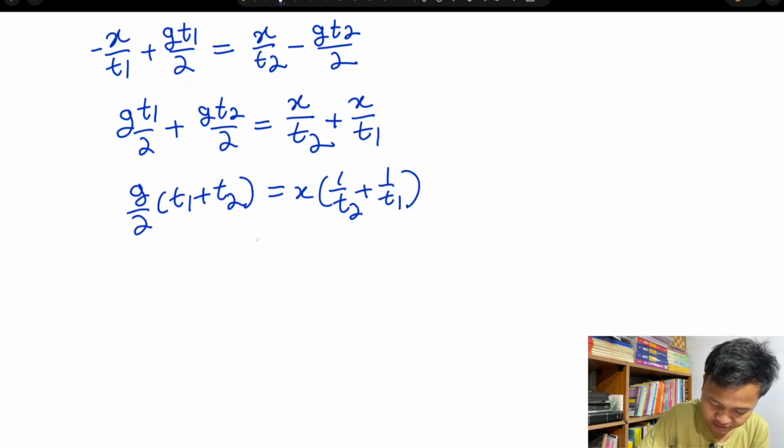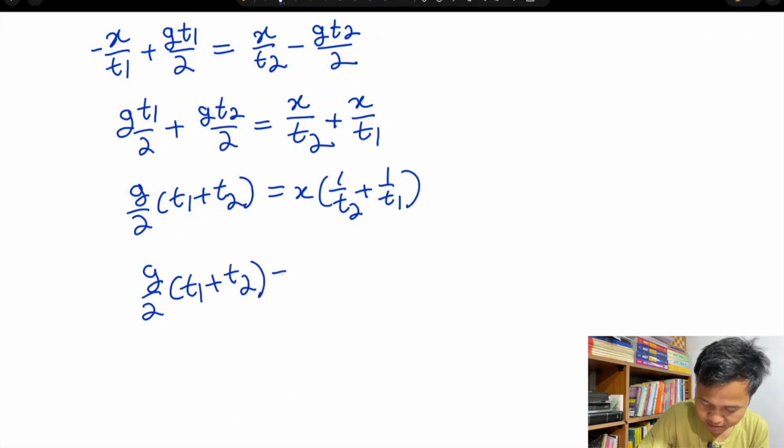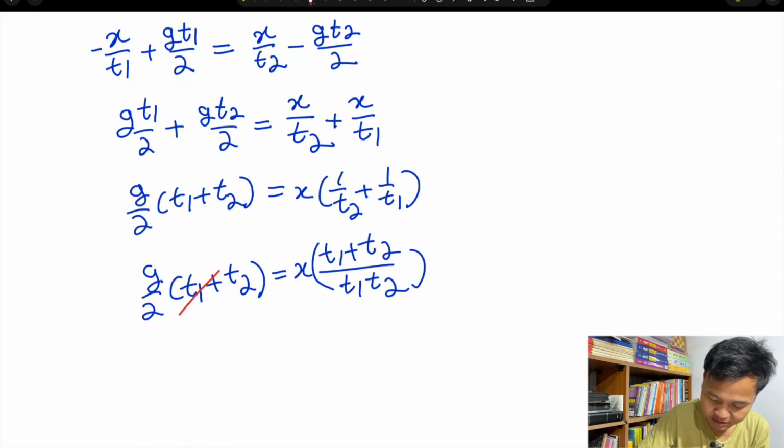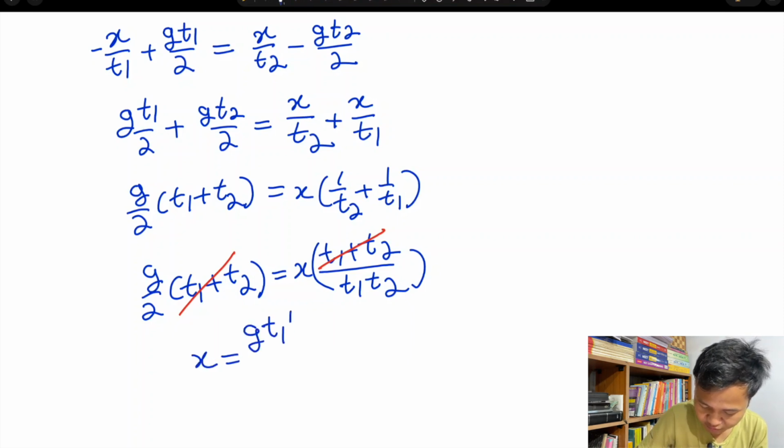If you solve this, g by 2 into t1 plus t2, take the LCM and solve: t1 plus t2 divided by t1 t2. So t1 plus t2 cancels. x equals g t1 t2 divided by 2.